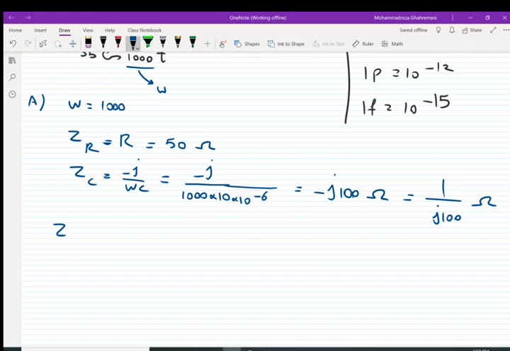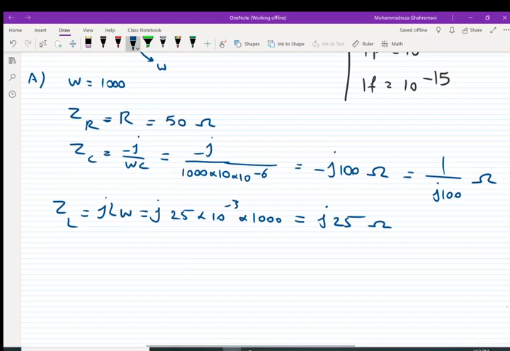Okay, we got ZC. Let's find ZL. ZL is j L omega. L is 25 millihenry. So we say j 25 times 10 to the negative 3 times 1000, which is equal to j25 ohms.